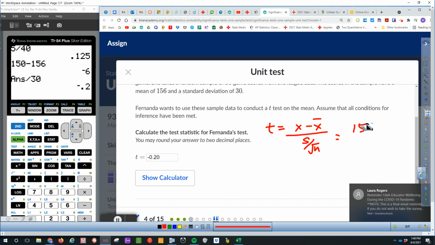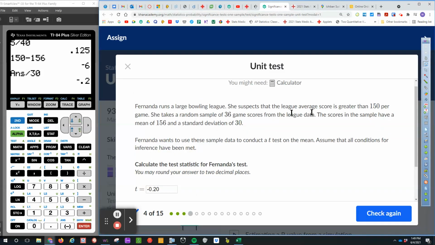So if 150 is 150, right, 150 minus 156 divided by 30 divided by root 36. I think it's root 36, isn't it? Let's see. Yes, sample size of 36.